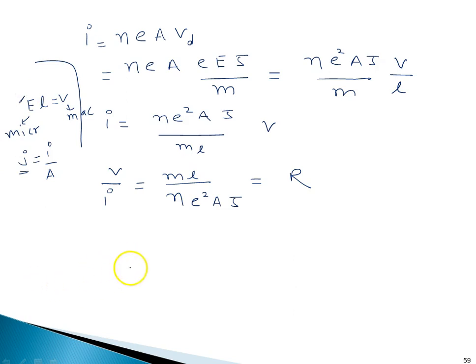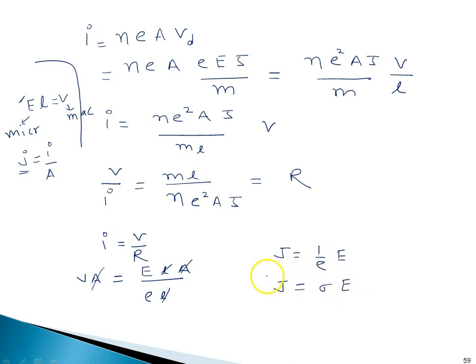Now here I say I equal to V by R. That is my Ohm's law. I can be written as current density into area, V can be written as E into L, and R can be written as rho L by A. You can cancel L, you can cancel A. You can write J equal to 1 by rho into E, and 1 by rho is the inverse of resistivity, which is conductivity, that is sigma.